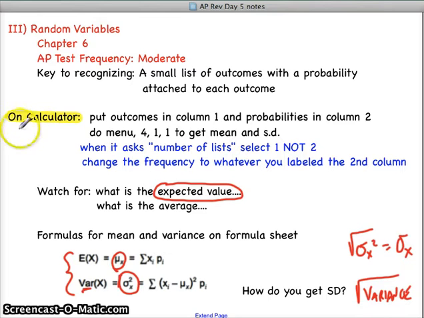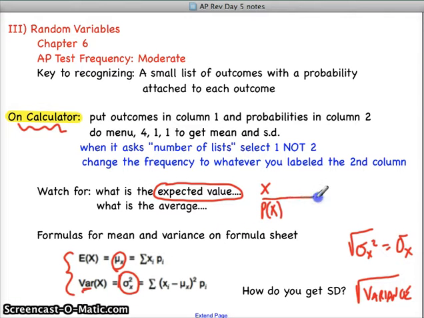Now, here's the big thing about your calculator. Because these expected value problems, you're often going to see a table with x and then the probability of x.